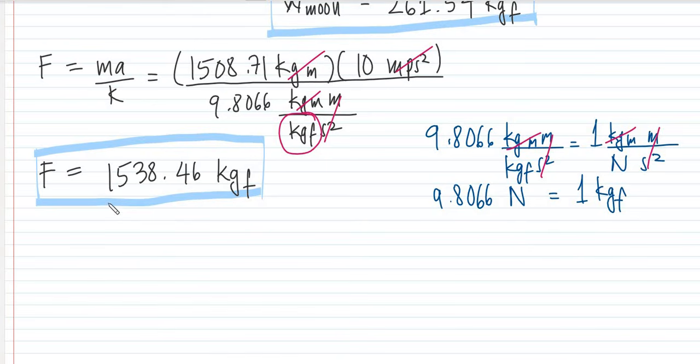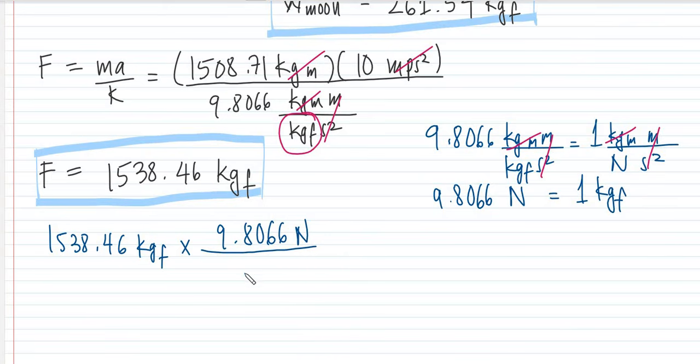Okay? So if I have 1,538.46 kilogram force, to convert to newtons, I would simply multiply by 9.8066 newtons per kilogram force. Okay? That one cancels out.